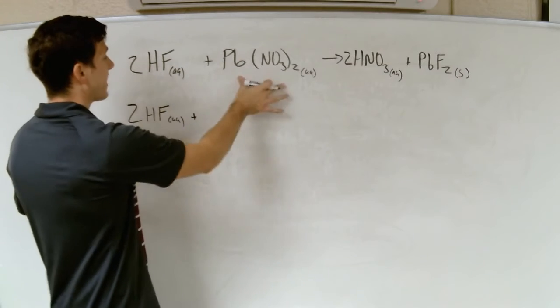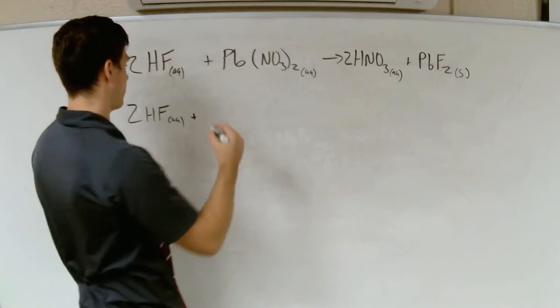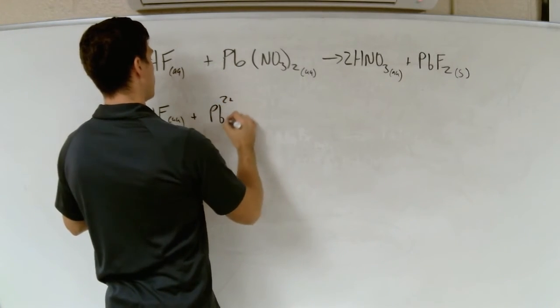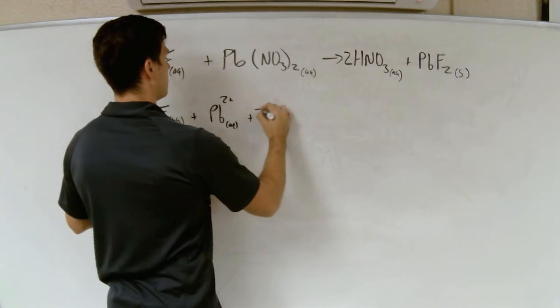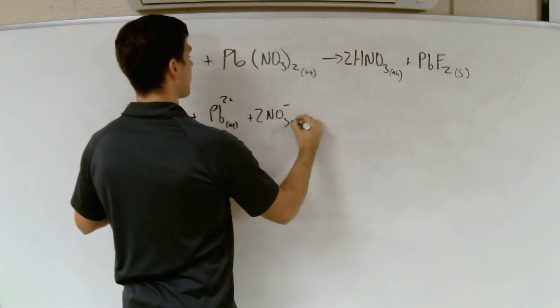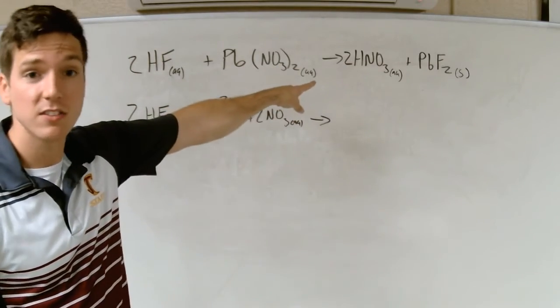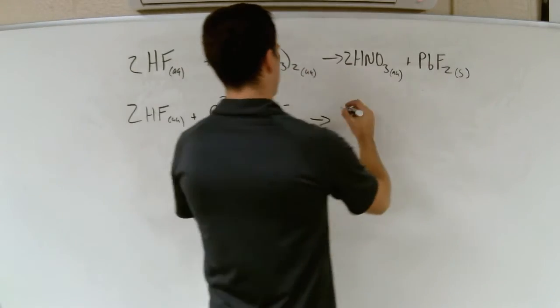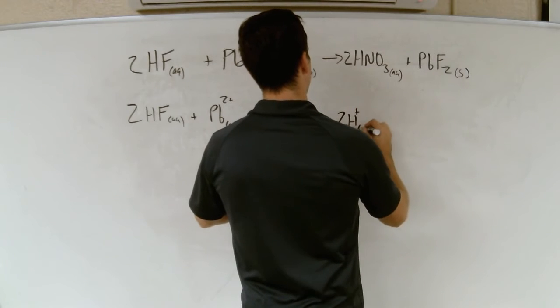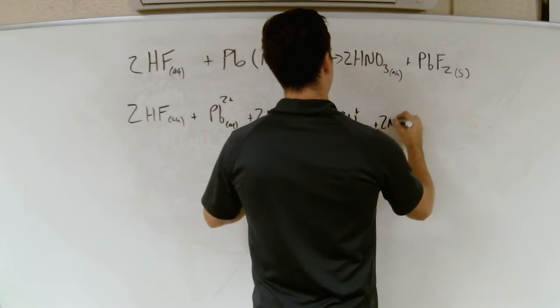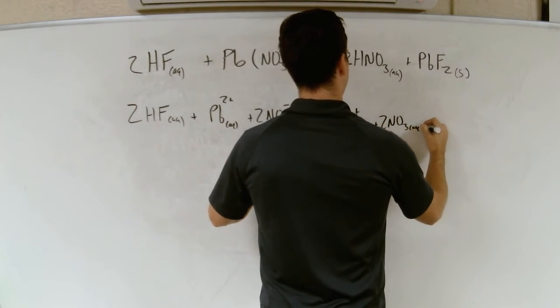This guy has NaCNO in him, so we're definitely going to split him up: Pb2+ (aq), 2NO3- (aq). The strong acid we're definitely going to split up too: 2H+ (aq), 2NO3- (aq).